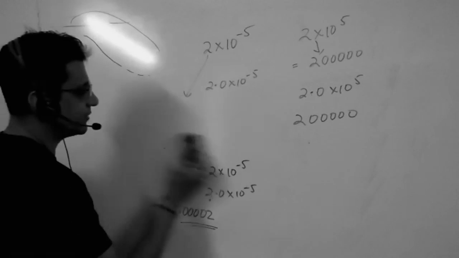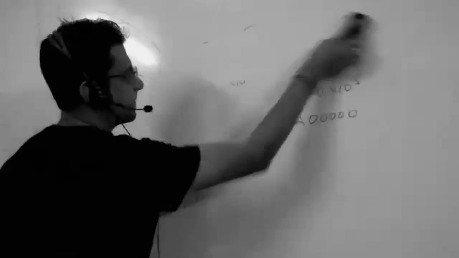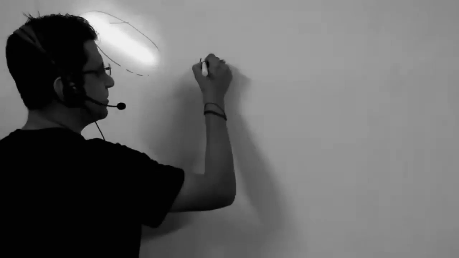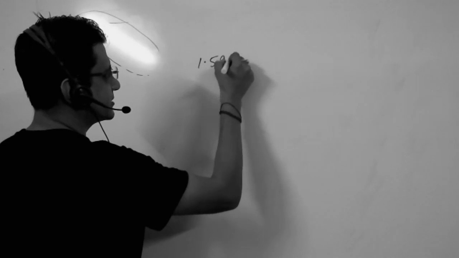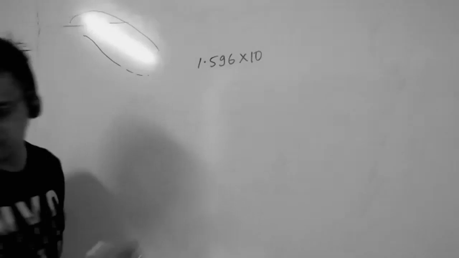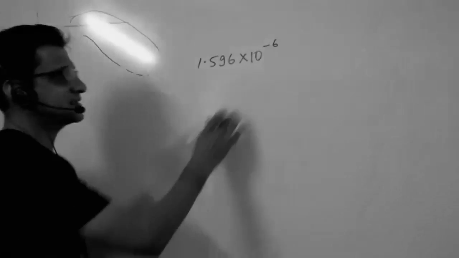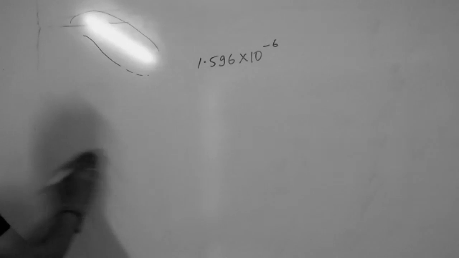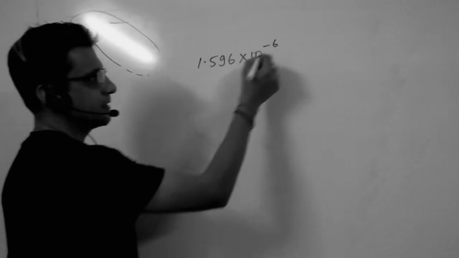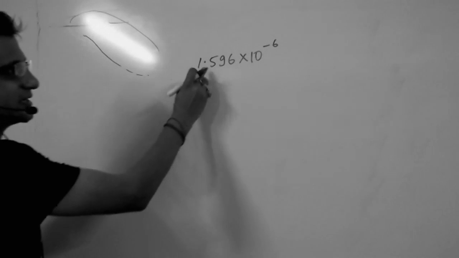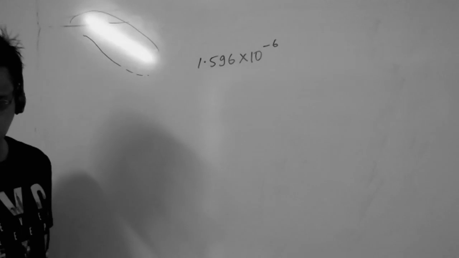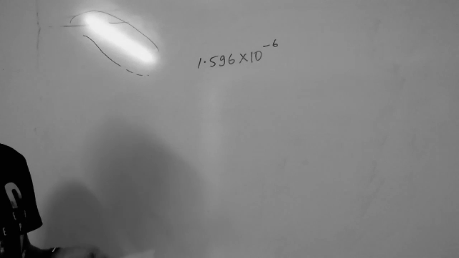One more question I will do. 1.596 into 10 to the power minus 6. This is in standard form. They have asked to write it in usual form. So minus 6 means this decimal will go left hand side, because negative 6 means the number will become less.